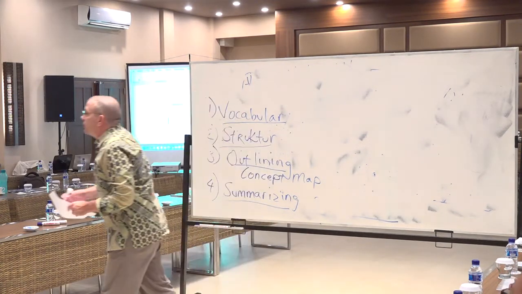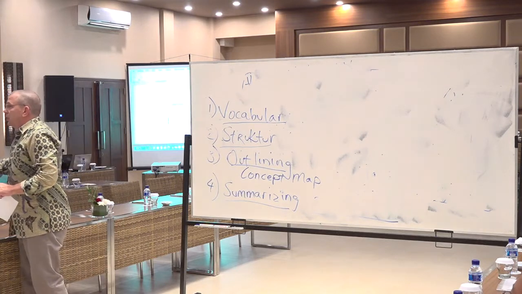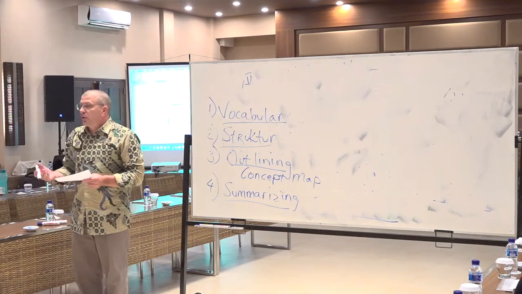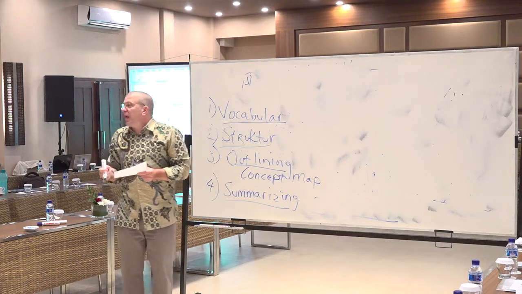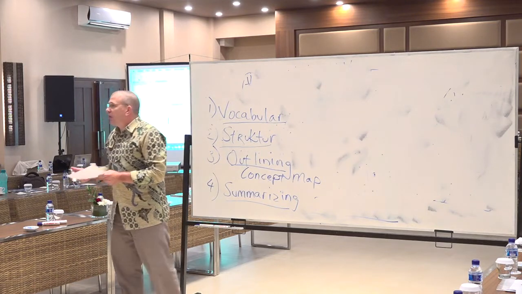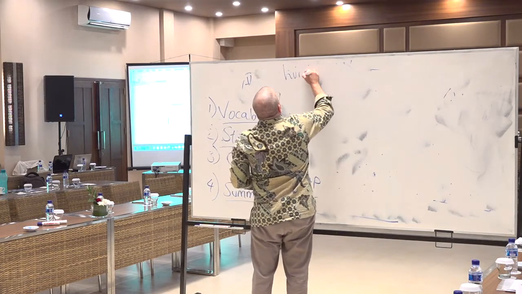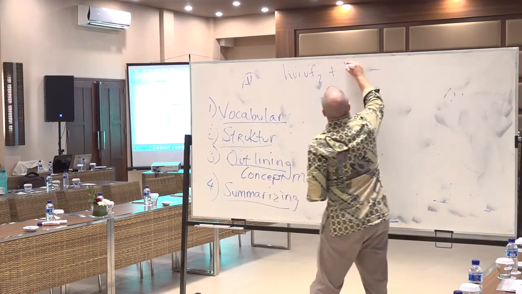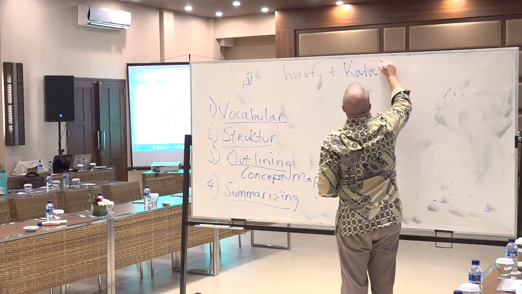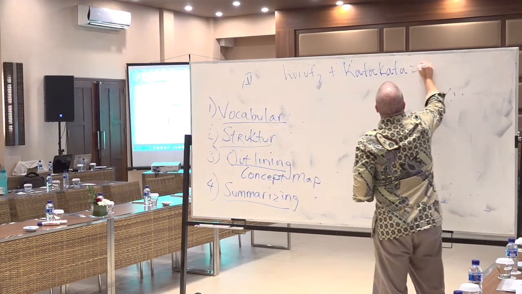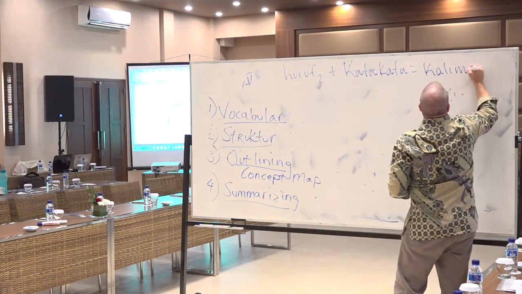So the English language is actually very simple. When it comes to forming words, we have a kind of mathematical equation for language. It's kind of like huruf dua plus kata equals kalimat.